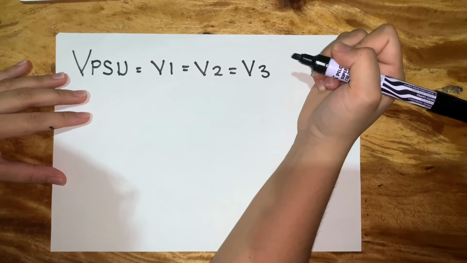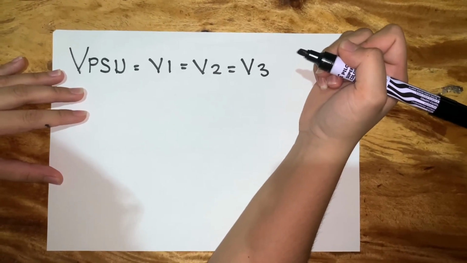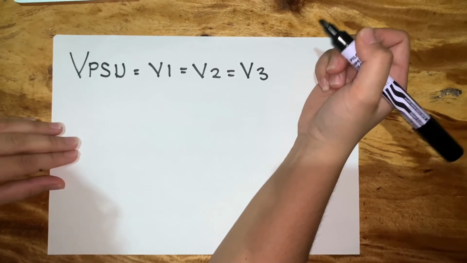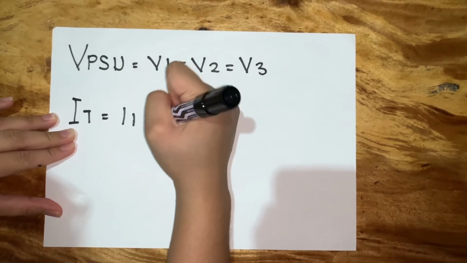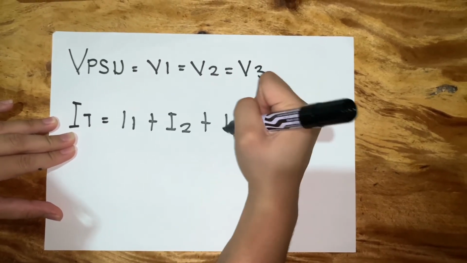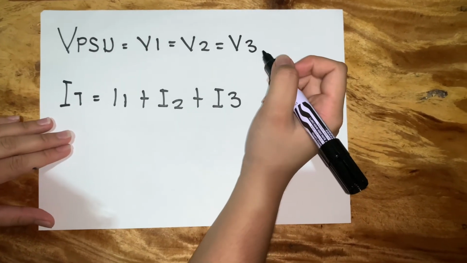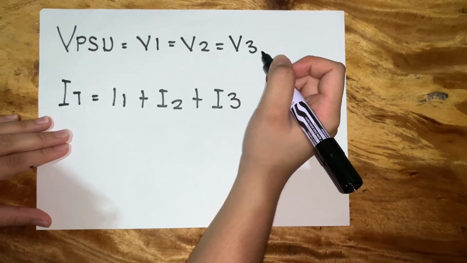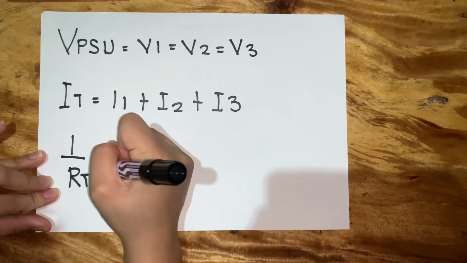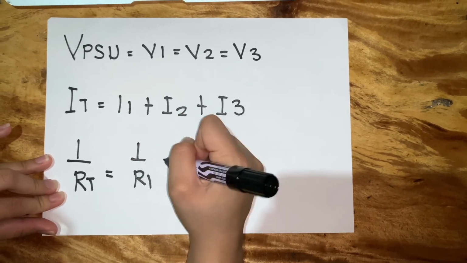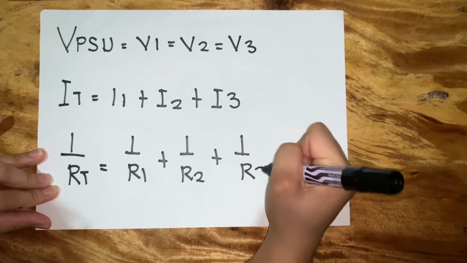Then the total current is equal to the current through the PSU, which is the sum of the current through each resistor. So IP equals I1 plus I2 plus I3. While the inverse of the total resistance in a parallel circuit is equal to the sum of the inverses of each individual resistance. So 1 over RT equals 1 over R1 plus 1 over R2 plus 1 over R3.